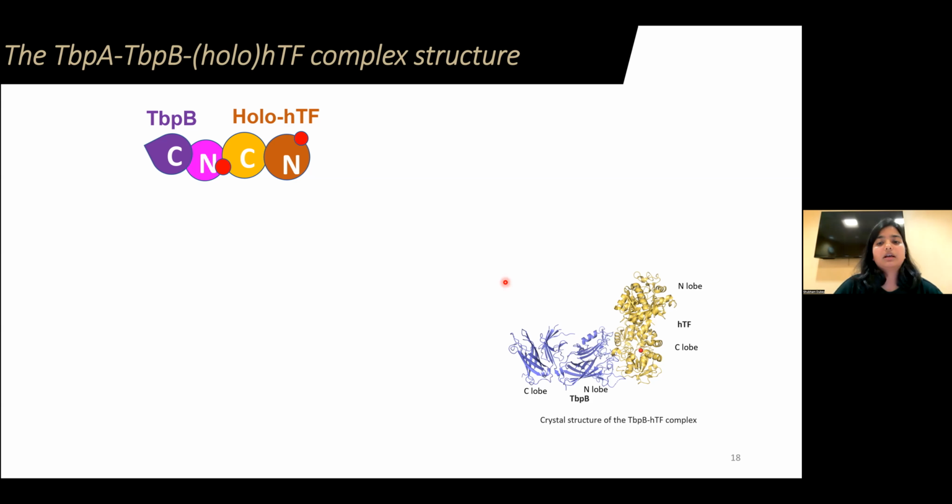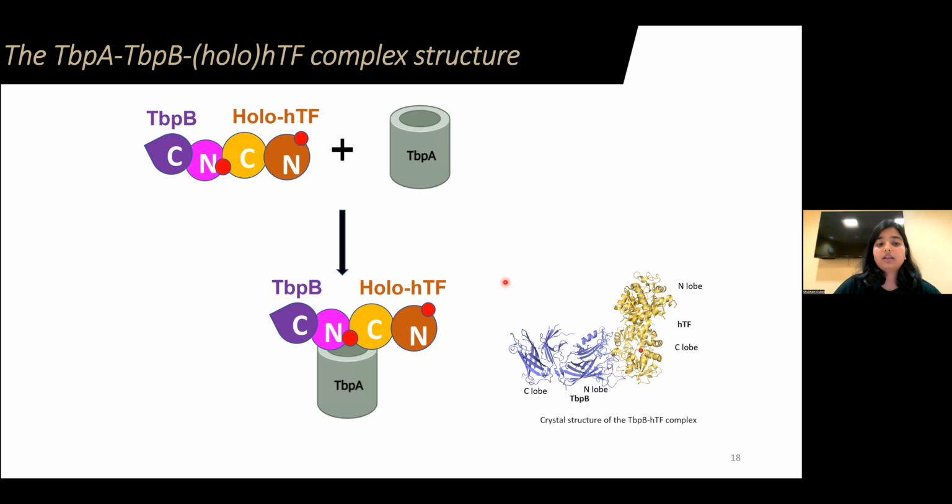So what we did was we just followed this crystal structure. We made the TbpB and HDF complex first, and then we added TbpA to it. And what we expected was that we would have a triple complex with TbpB, transferrin, and TbpA in it, where we would be able to see the iron because TbpB will help keep transferrin in the closed conformation, so we can see iron in the complex.